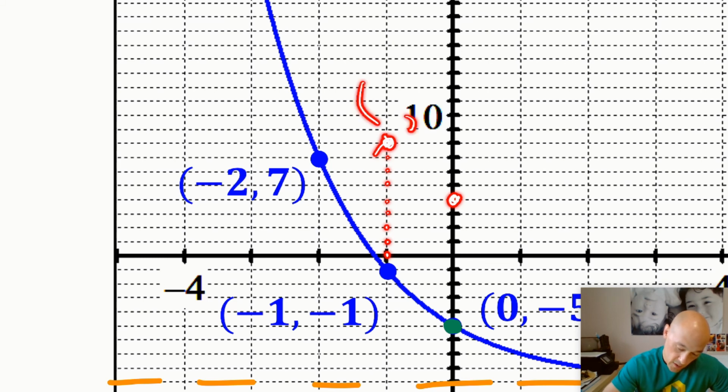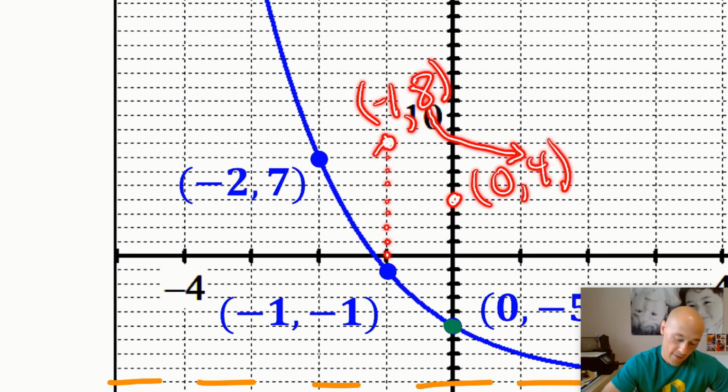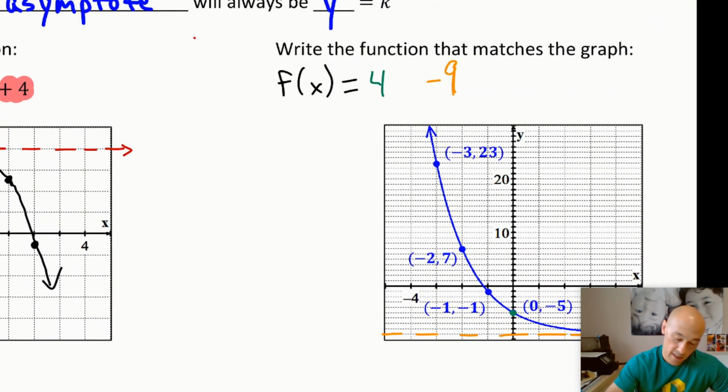So if this is (-1, 8) and this is (0, 4), then we can see that we're dividing our y value by 2. That means that our b value has to be 1/2. So our b value then is 1/2, and it's raised to the x power.